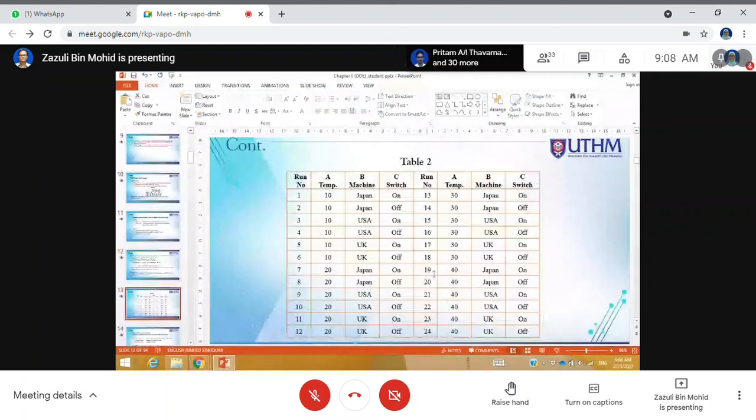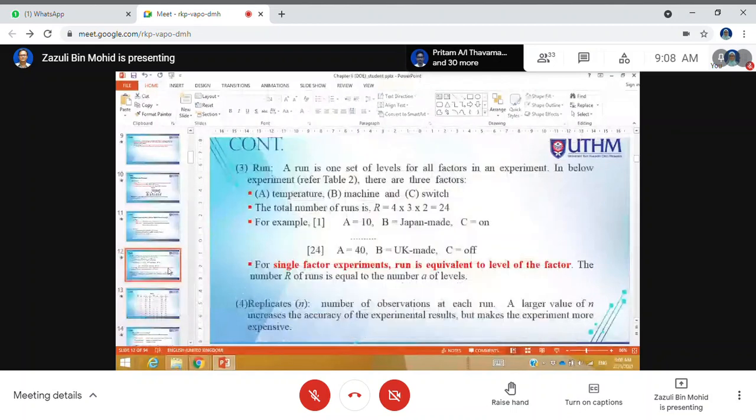Sometimes people call it trials in an experiment. Many of our lecturers use the term trials to explain the runs of an experiment. In this statistics subject, we call it a run.